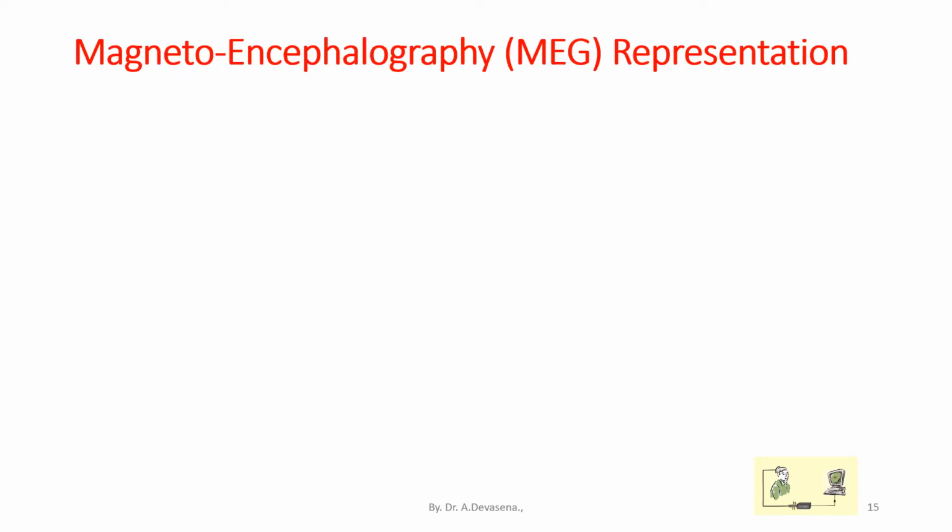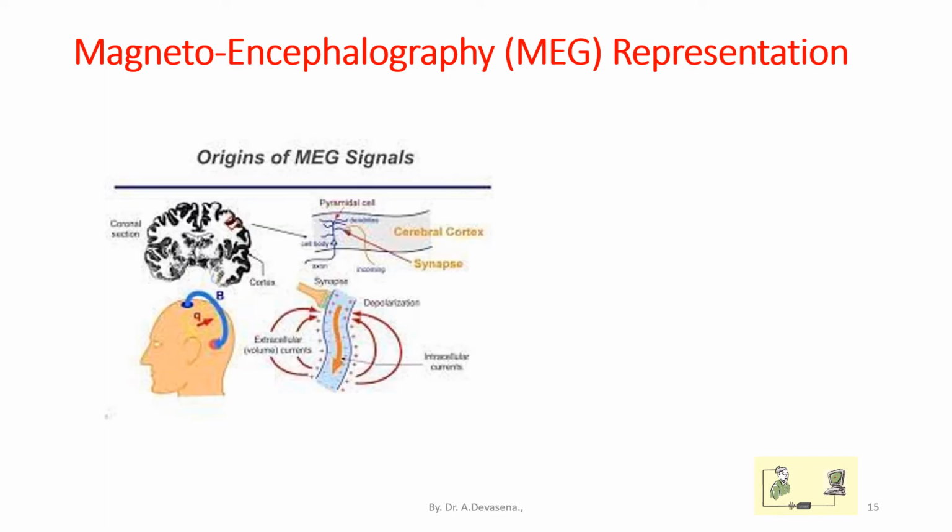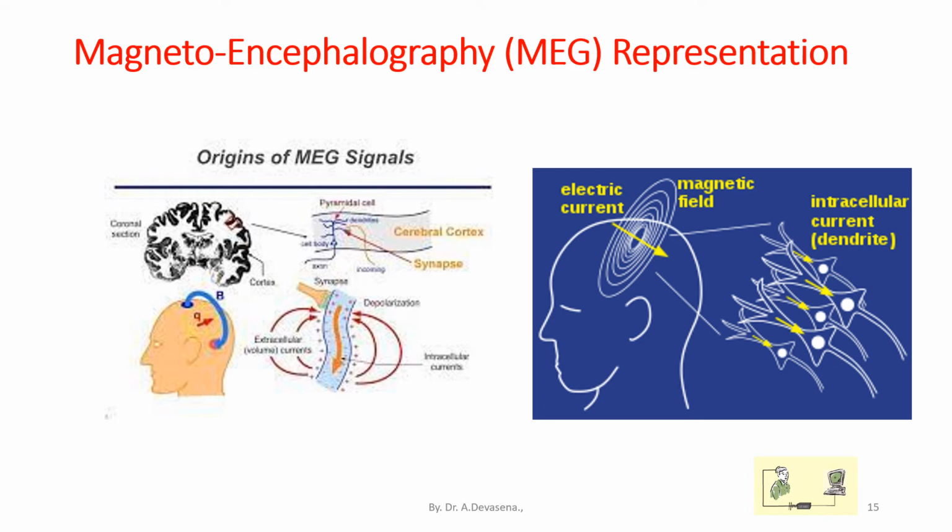Magnetoencephalography representation is shown here. Here in this diagram, we are seeing the origin of MEG signals. Here, the electrical current, magnetic field, and intracellular current are represented in this diagram.